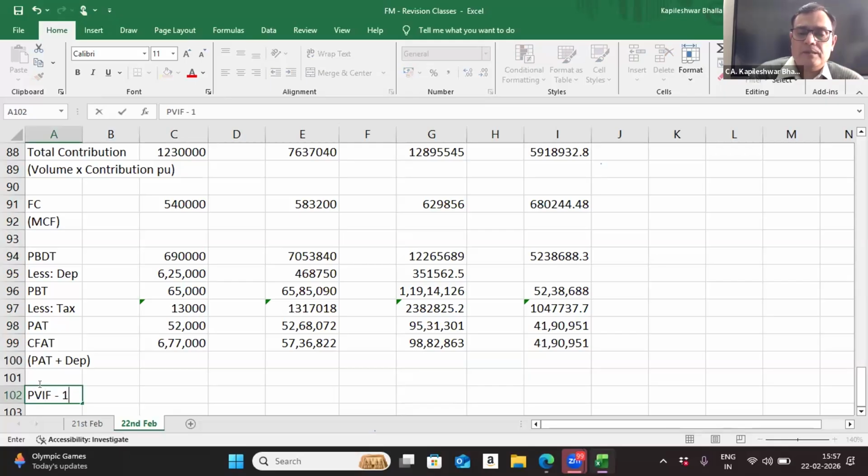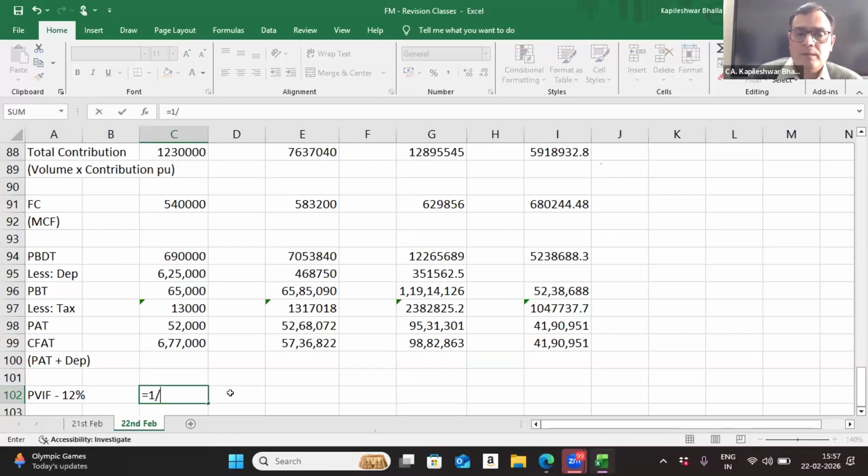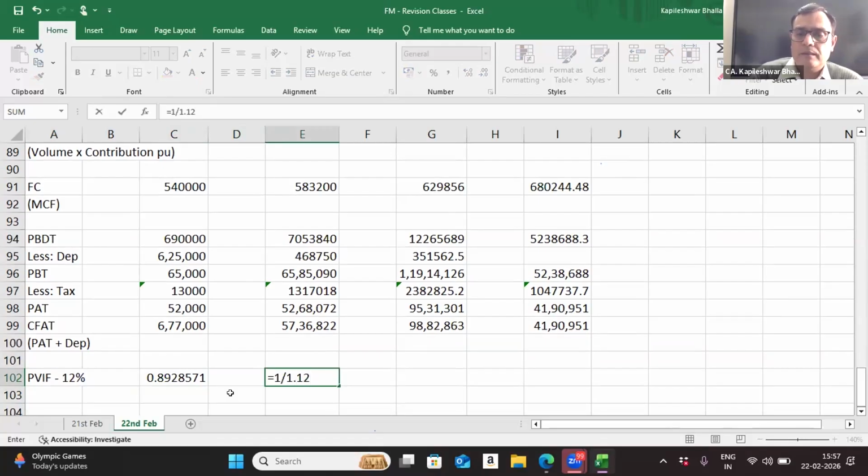That was 12%. So let's see the PV factors at the rate of 12%. This is 1 divided by 1.12 raised to power 1. Then this is going to be 1 divided by 1.12 raised to power 2.